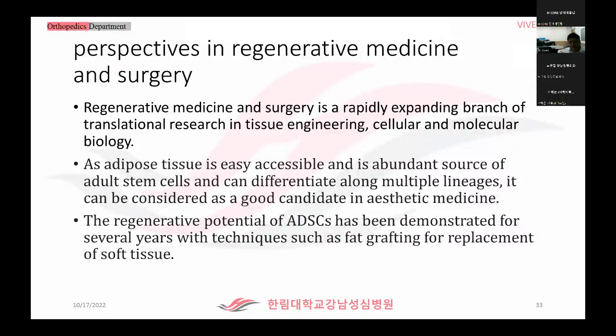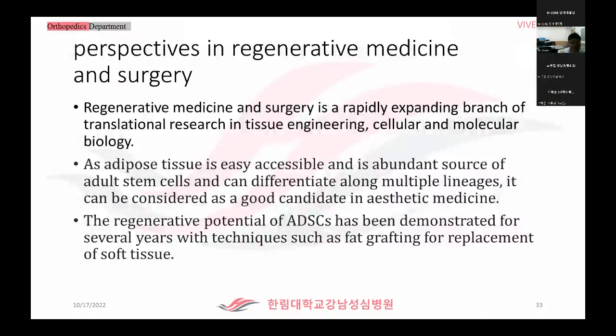It has been observed that if we provide cell treatment, cell-mediated biologics, to the grafted area after surgery, the healing is very rapid and the resident cell number increases very fast. So regenerative medicine and surgery is a rapidly expanding branch of translational research in tissue engineering, cellular and molecular biology.